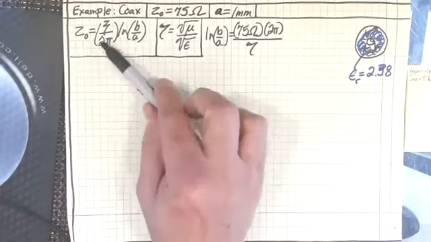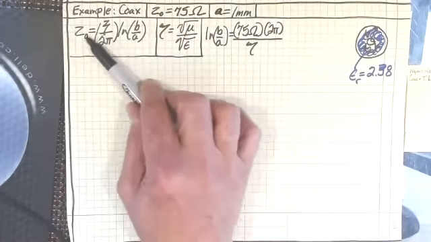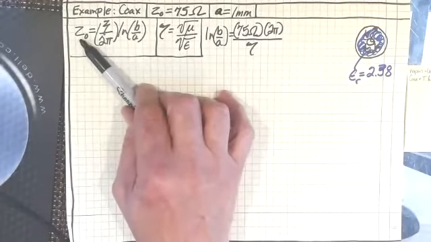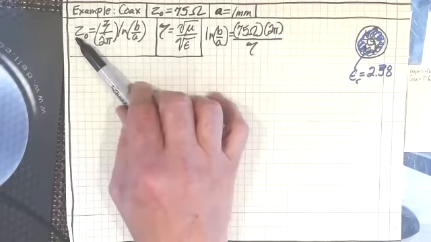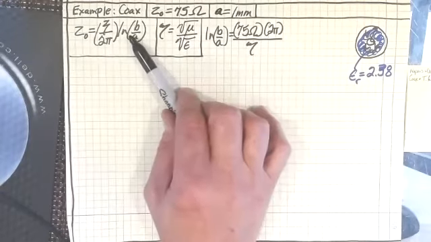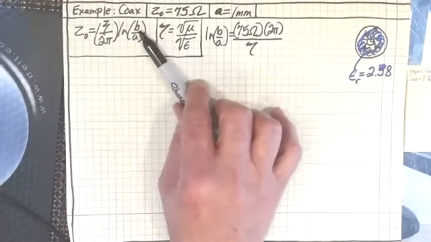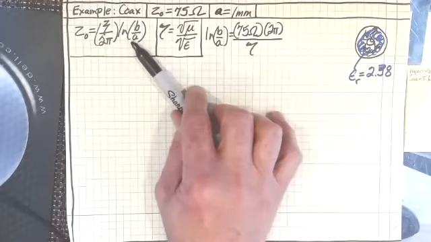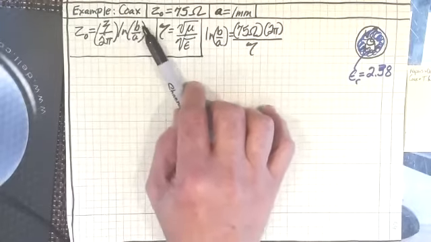Let's look back at the equation for a second. Now we know that the characteristic impedance is in ohms. It's 75 ohms, isn't it? How about this? What are the units for the natural log of a ratio? Well, I think everybody knows that there are no units associated with a ratio, and there's no units associated with the natural log of a ratio.